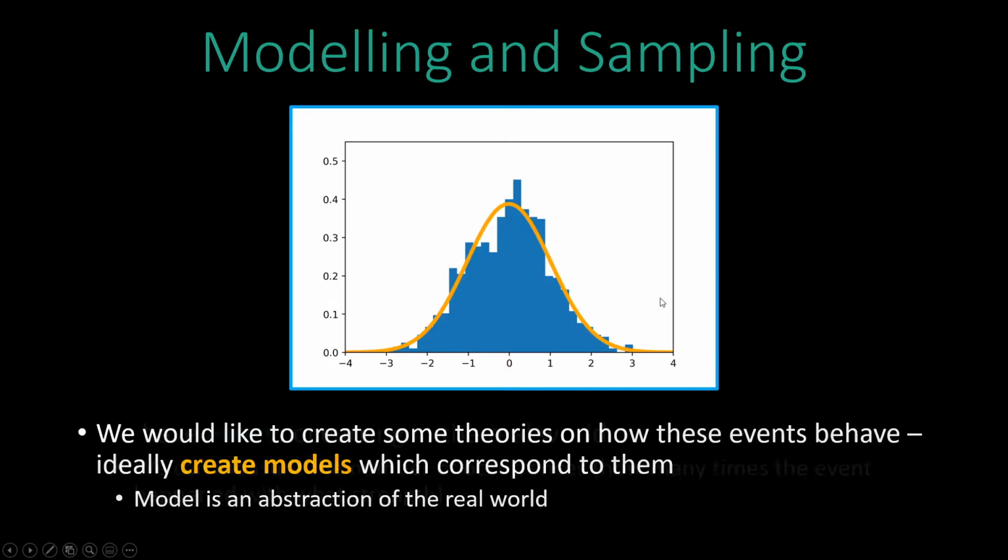Okay, and so the idea of modeling is basically to figure out a way to create this nice plot. This is a model, or this is our theory, or a hypothesis of how this is working. And we hope that if we put this line somewhere like here, then it would correspond to the underlying data. So we want to create models which correspond to the data that we see.